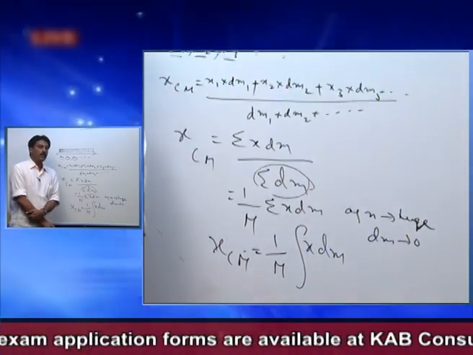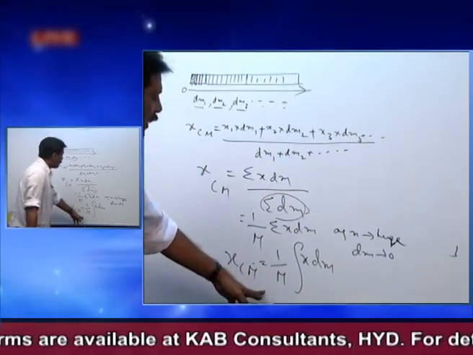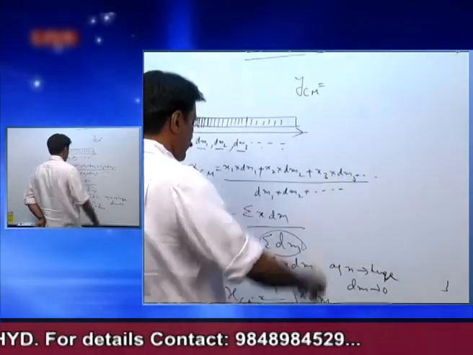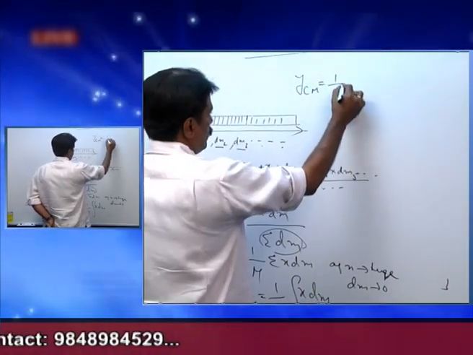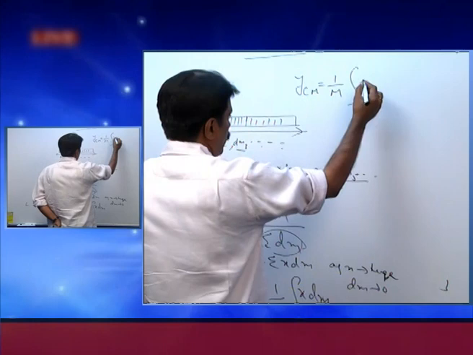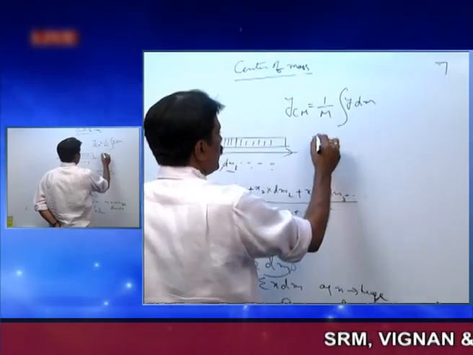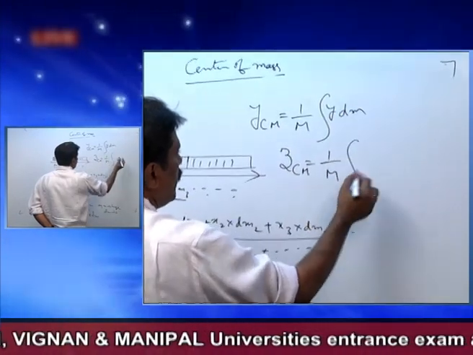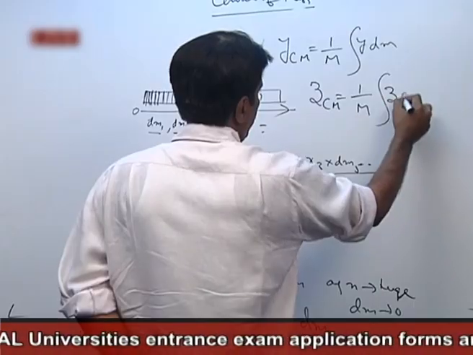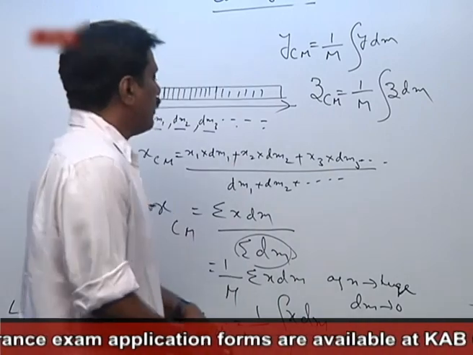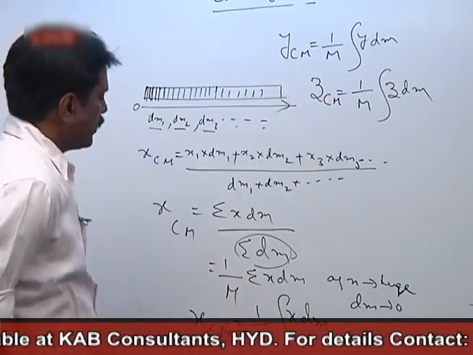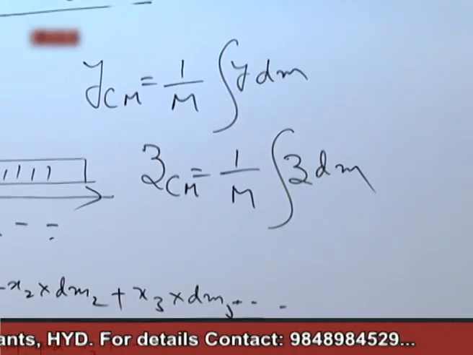Similarly, the y coordinate of center of mass will be 1 by m integral y dm. The z coordinate of center of mass will be 1 by m integral z dm. But remember, for a linear object which has only length as a measured dimension, only x center of mass is sufficient.